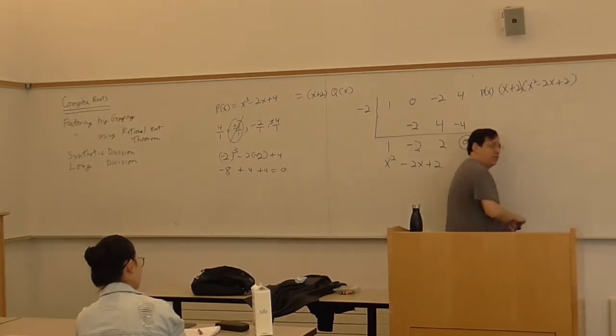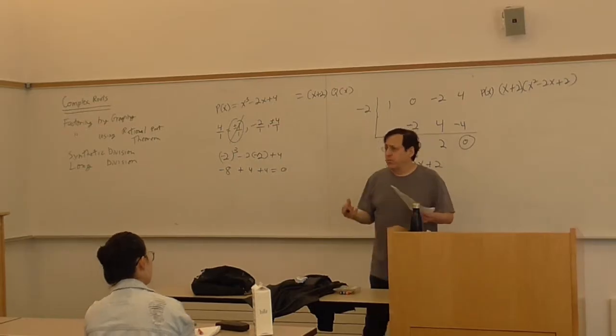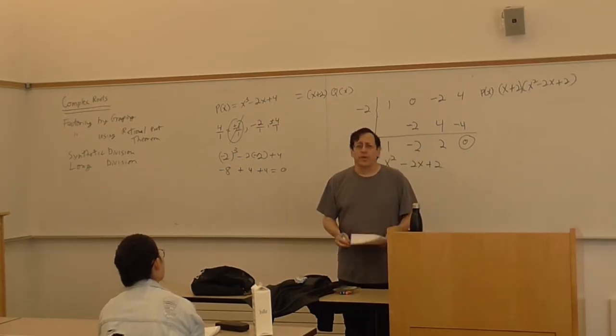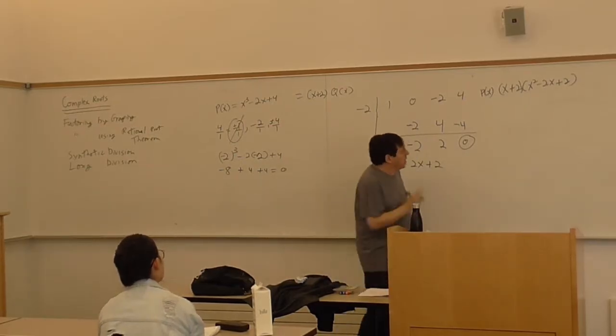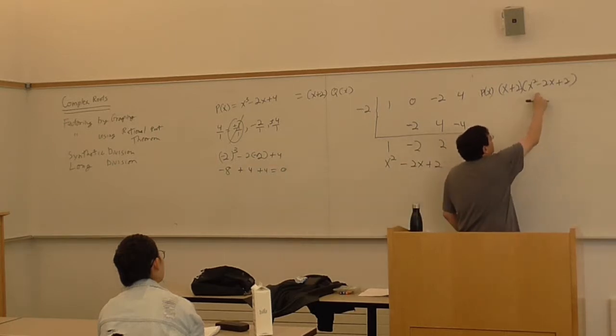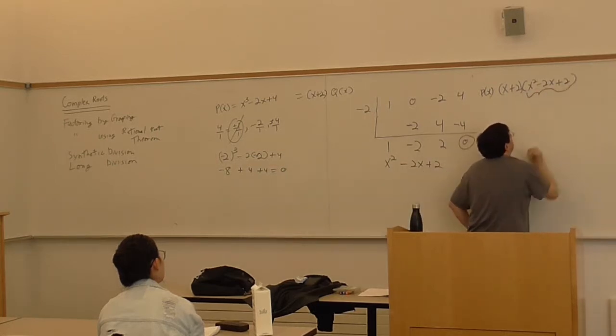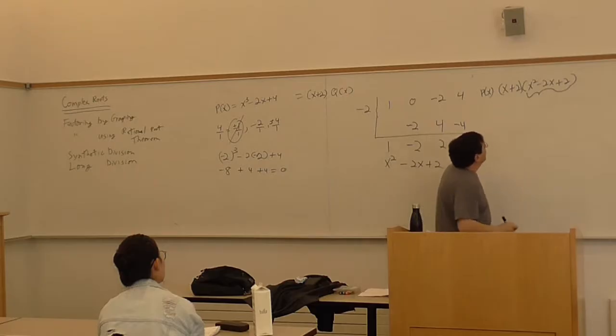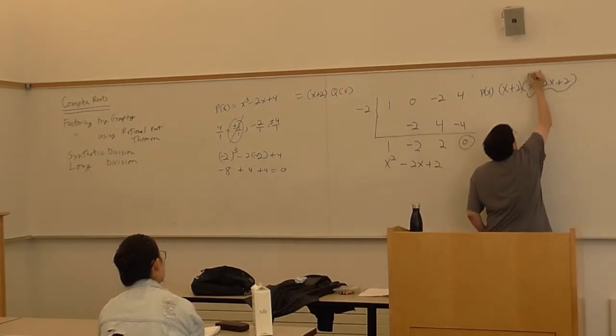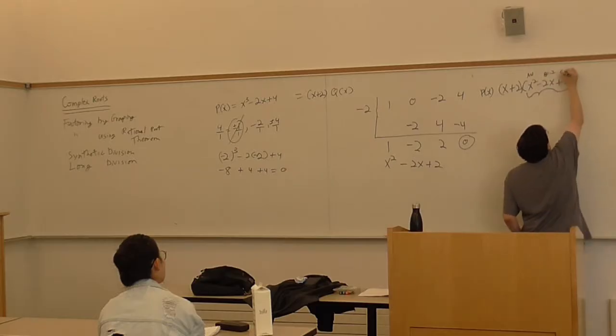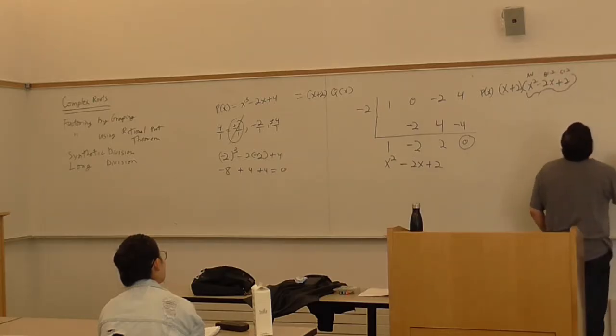So I really have no alternative but to fall back on the quadratic formula at this point. Apply it to this quadratic. So, of course, my A is 1, my B is minus 2, and my C is 2.